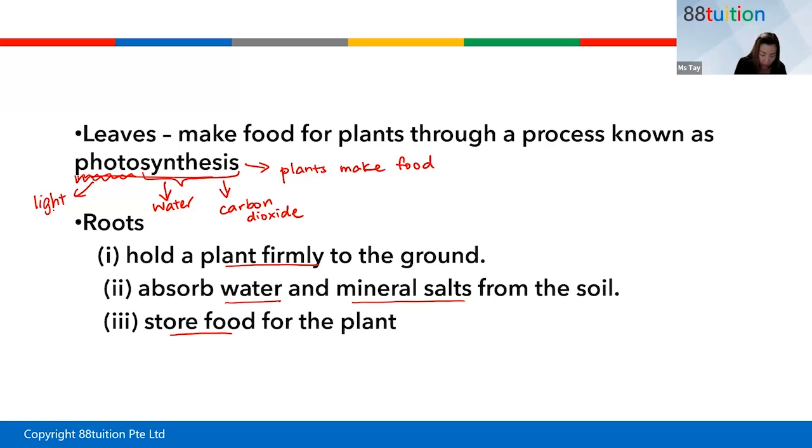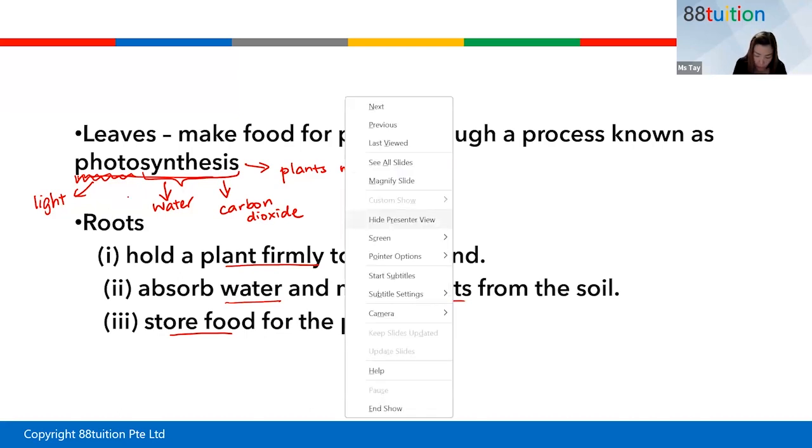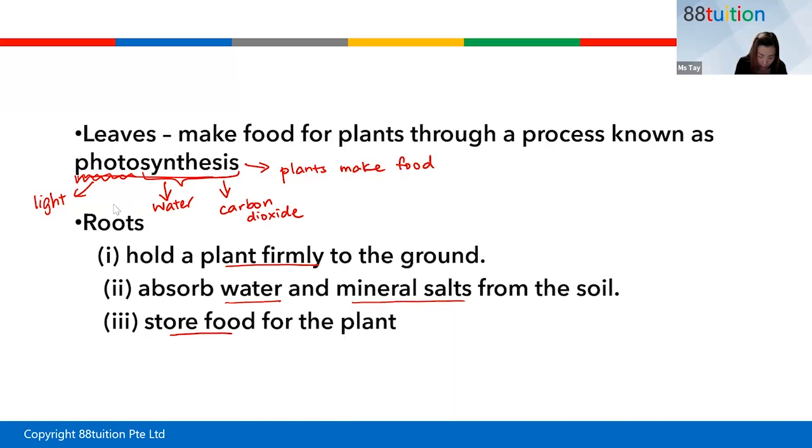So they need light, they need water, and they need carbon dioxide. So if I were to write it, this and this and this present together will give me the food. Sometimes you hear or you read words like sugar.